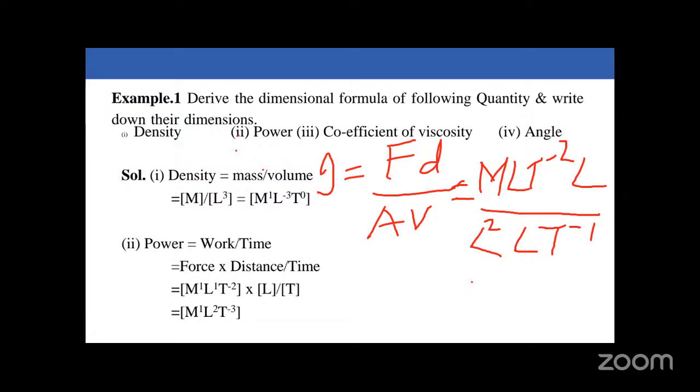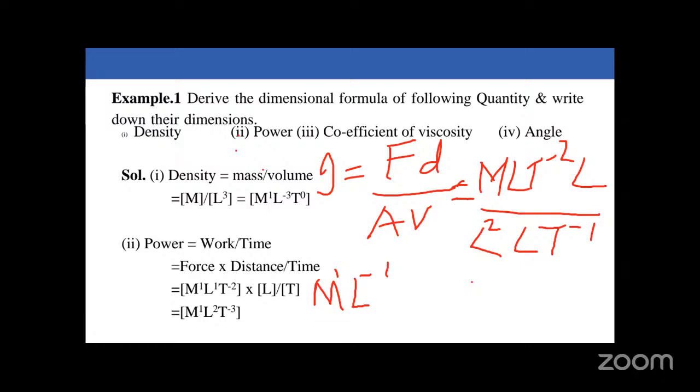So if we rearrange this formula properly, we have M, then L, 2 minus 1, that will be L minus 1. And then we have T minus 2 up, minus 1 down.